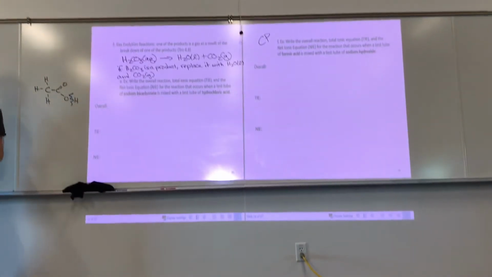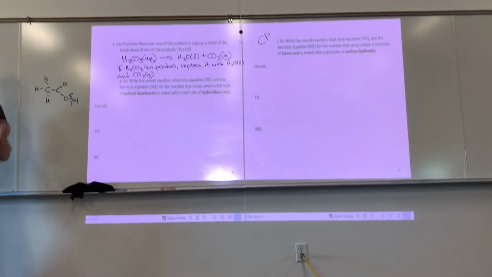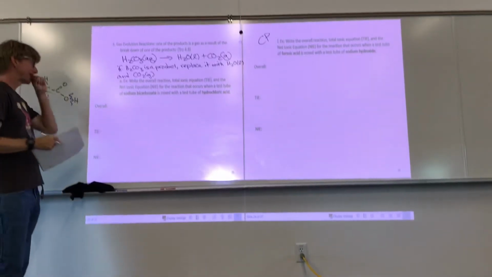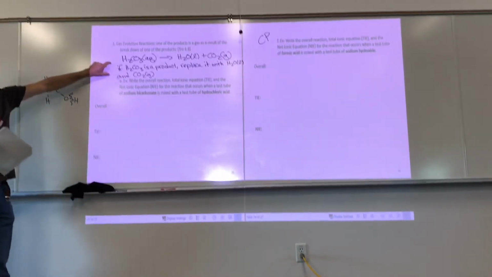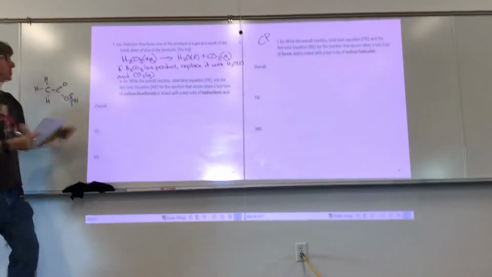So you will never have carbonic acid as a product. Well, you may for a minute. I've used up all my space here, so I'm going to put the next one up here.